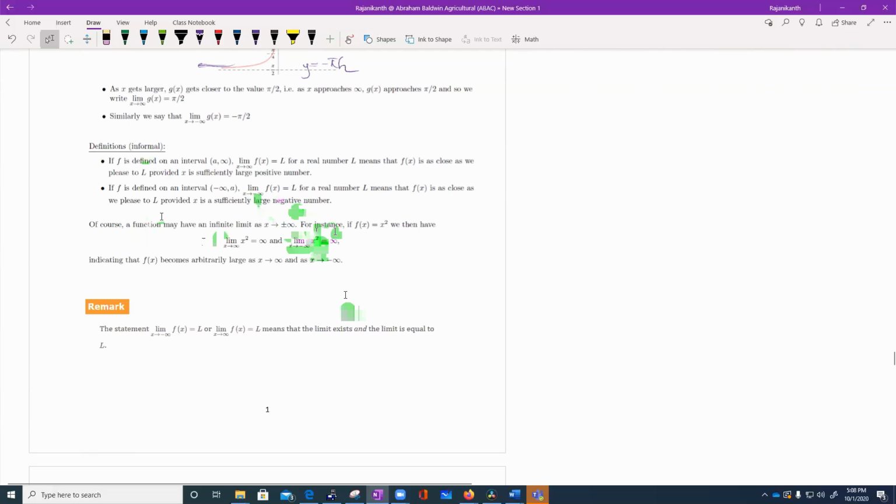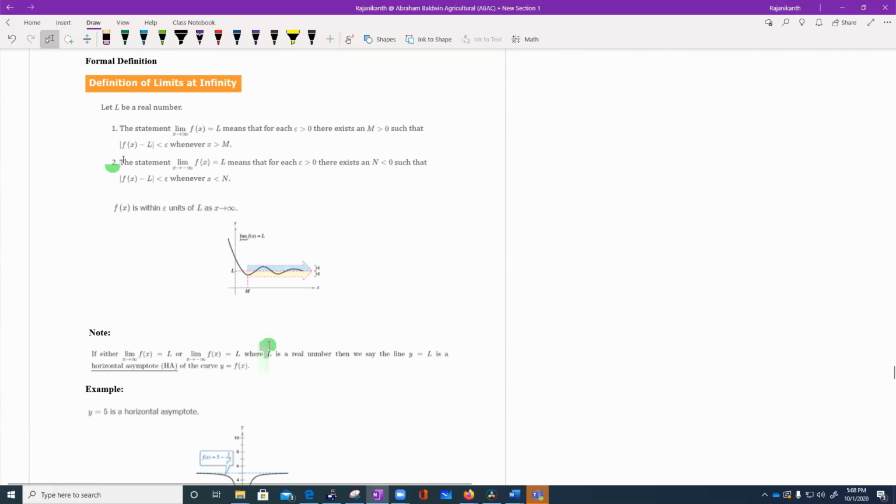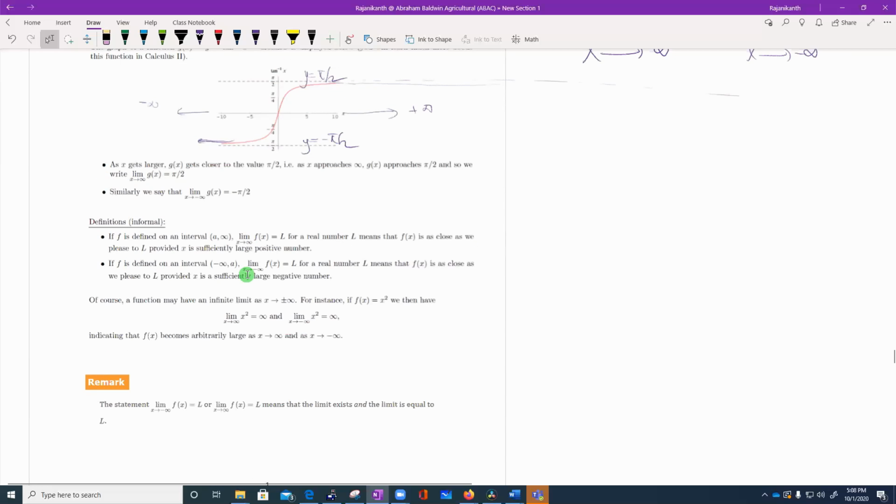But you don't need to think a lot about the formal definition. I have included it somewhere here in the note, but we are not going into detail about this. Anyway, you could think of this formal definition with the picture we had last time. But now, what are we going to do?